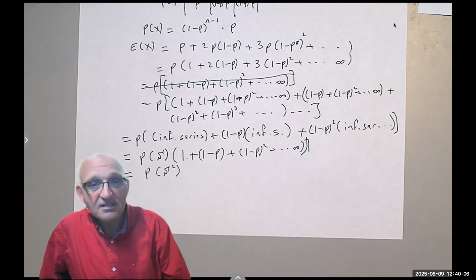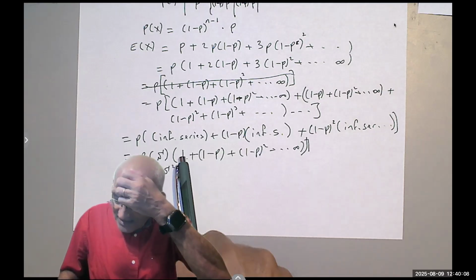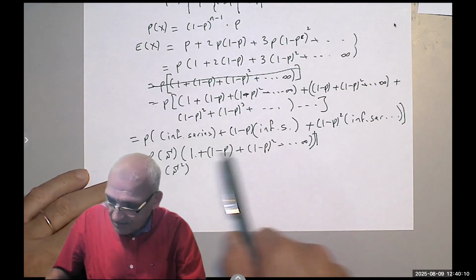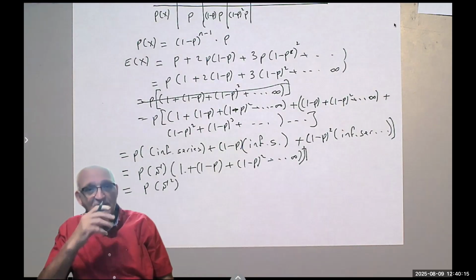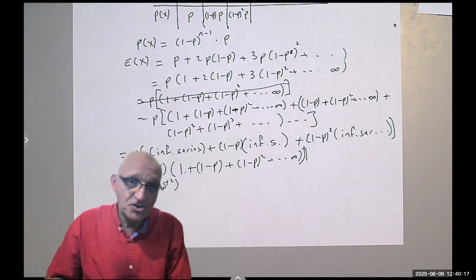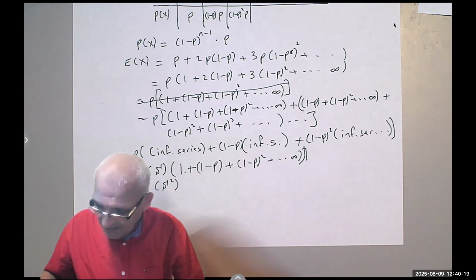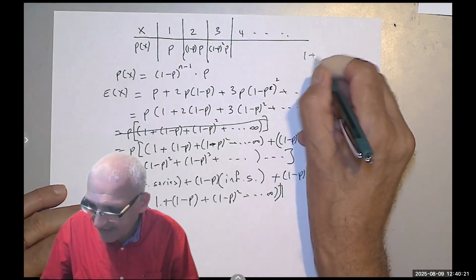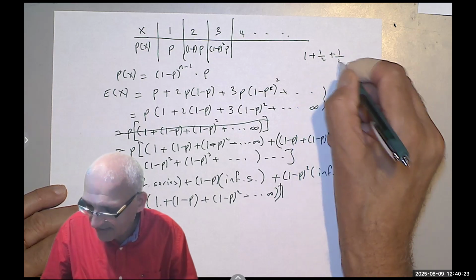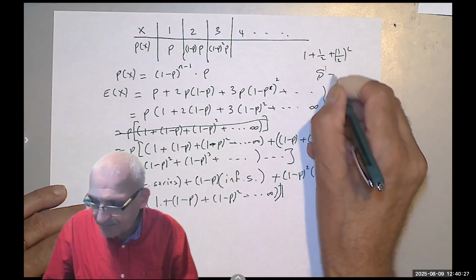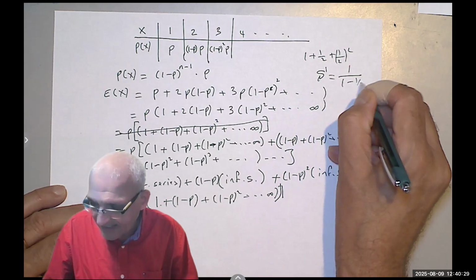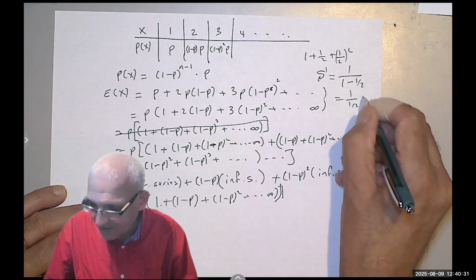Because that's an infinite series. But what is this infinite series? What does it add up to? You learned about infinite geometric series, right? If I say 1 plus 1 half plus 1 half square, which is a quarter, you know that the sum would be 1 over 1 minus 1 half equals 1 over 1 half equals 2.